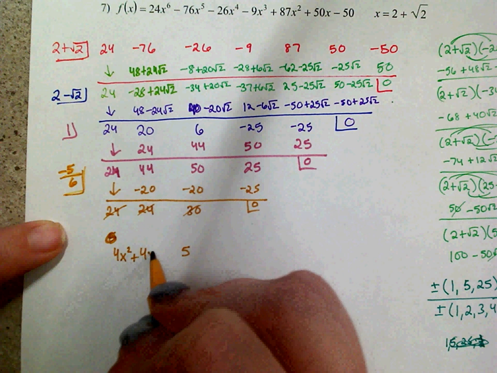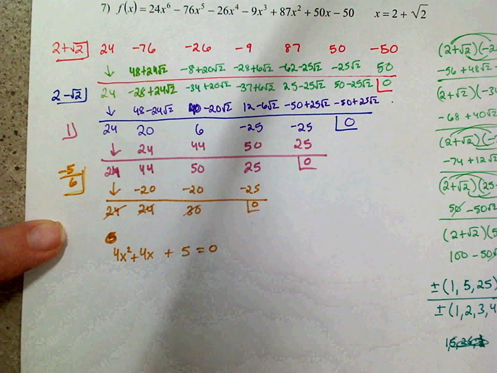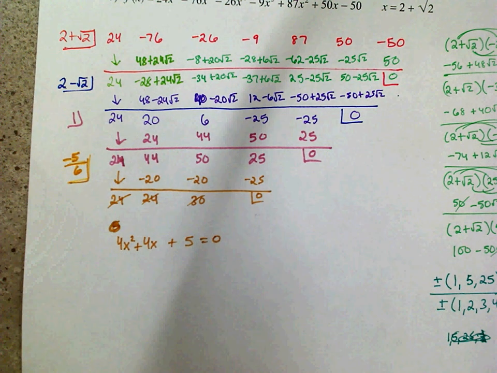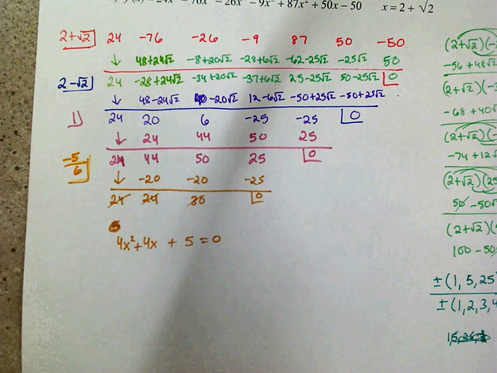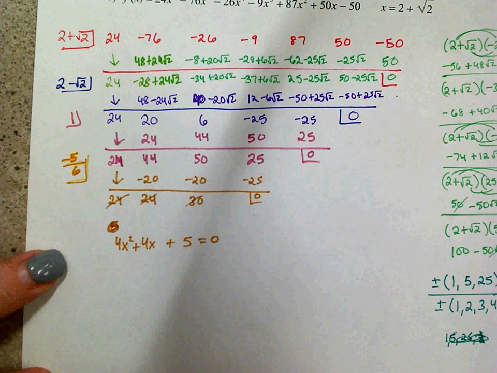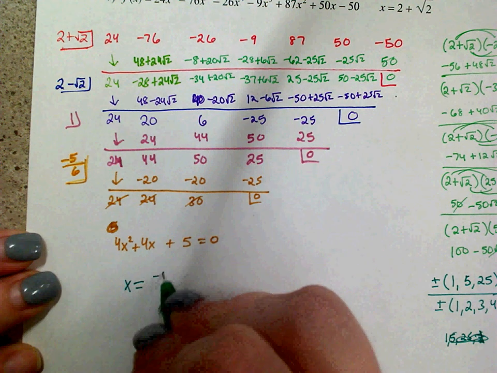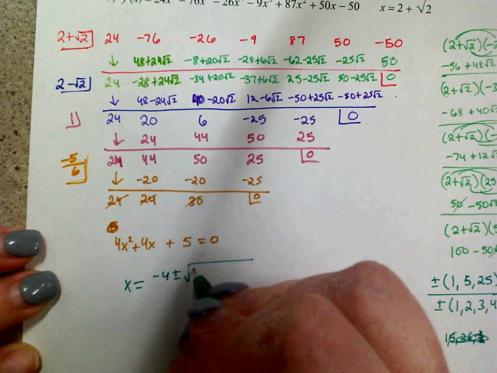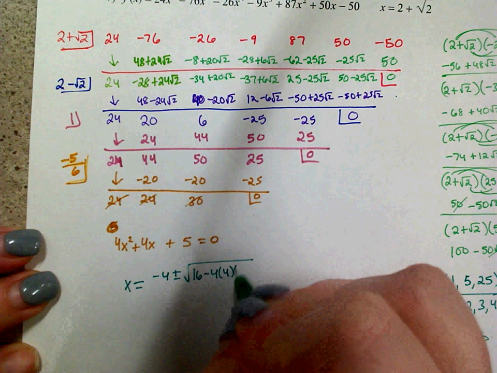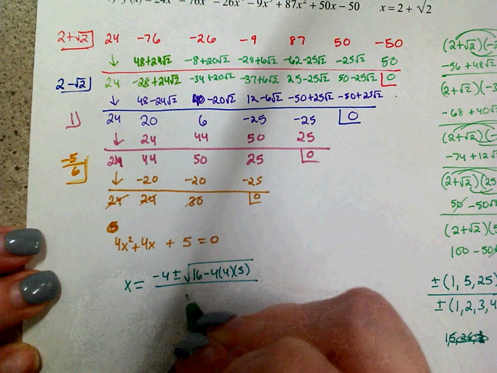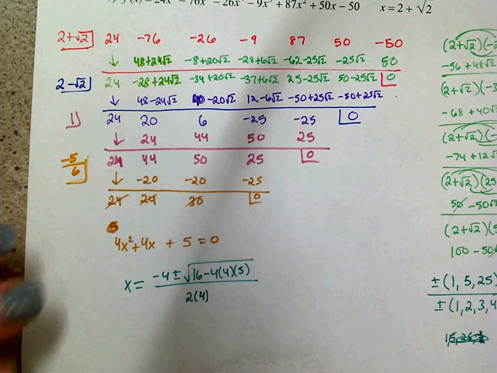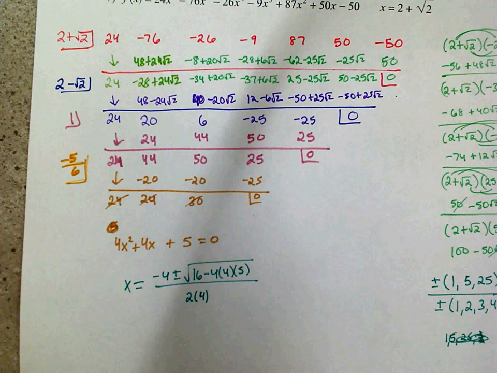So I'm just going to do the quadratic formula, call it good. X equals negative b plus or minus the square root of b squared minus 4 times a times c all over 2 times a. So that's 16 minus 16 times 5, which is just 4 16s. But anyway, I'll go ahead and work it out. Instead of 16 times 5, I'm going to think 20 times 4, which is 80.